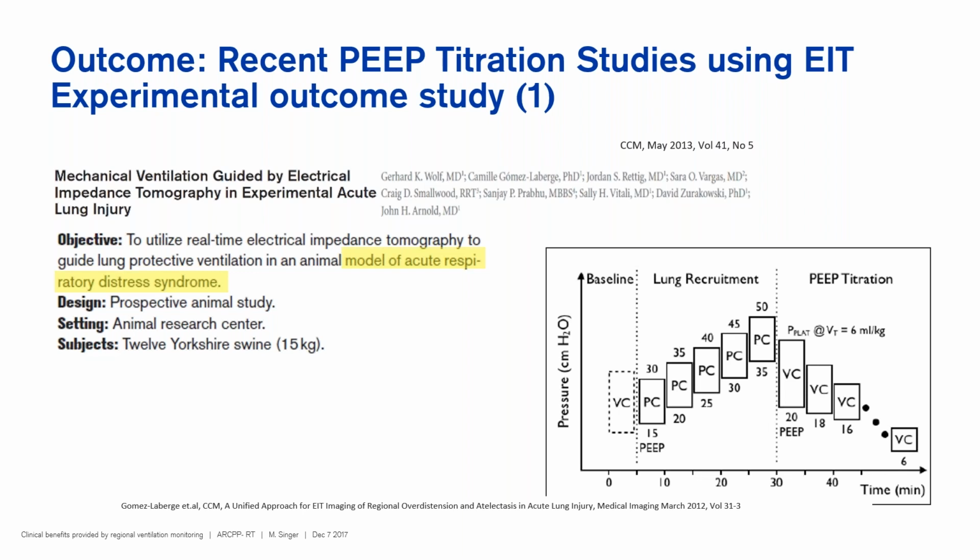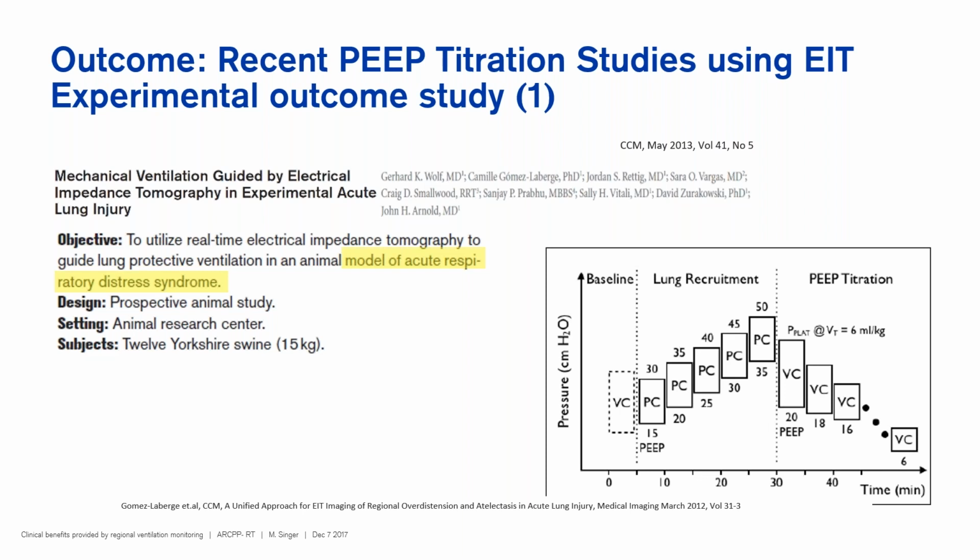So basically, they compared mechanical ventilation guided by electrical impedance tomography in experimental acute lung injury. They used real-time electrical impedance tomography to guide lung protective ventilation in an animal model of acute respiratory distress syndrome.